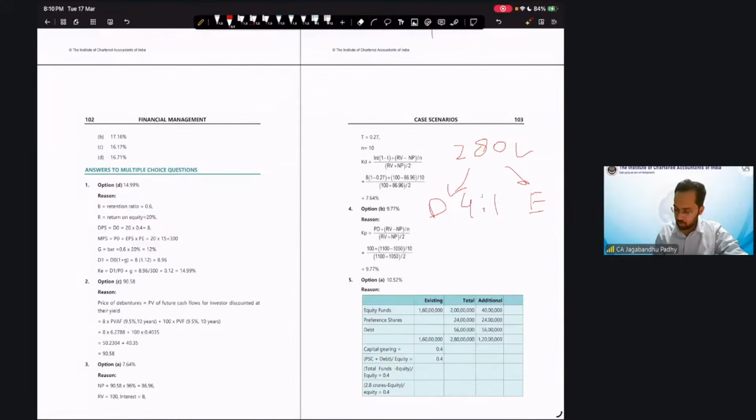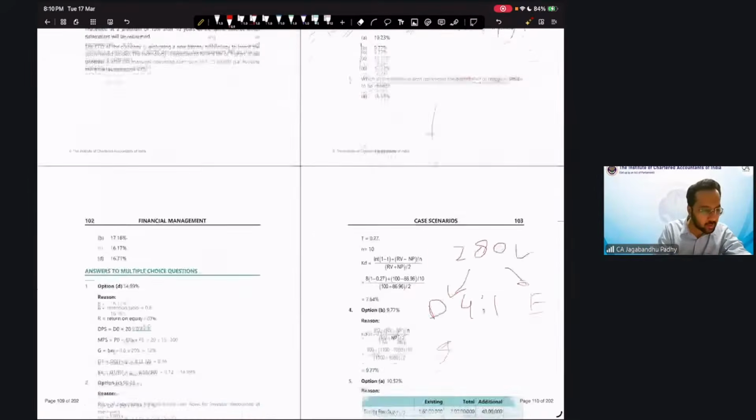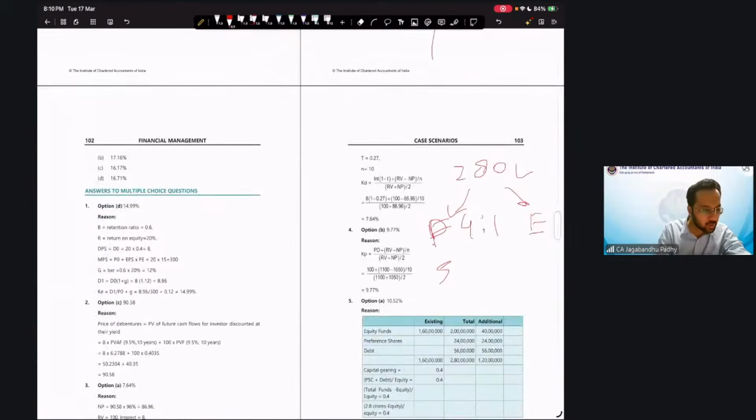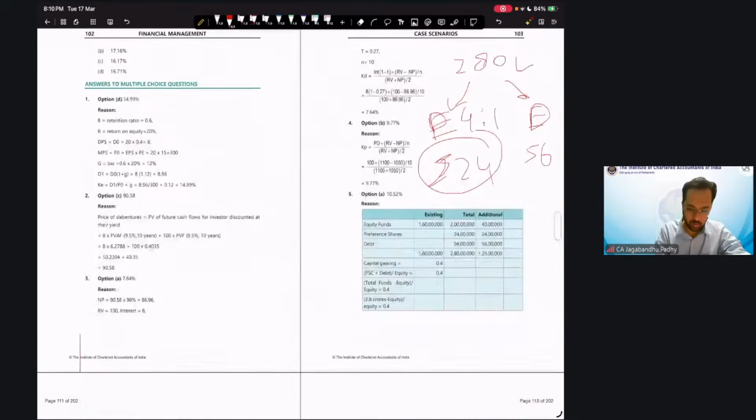So the distribution happens like so: 280 divided by 5, which is 56. This is owned to borrowed. So let's say this is equity and this is debt. So 56 is debt and 224 is equity, or owned funds. Out of this 224, we need to further look at the capital gearing ratio, which is 0.4.